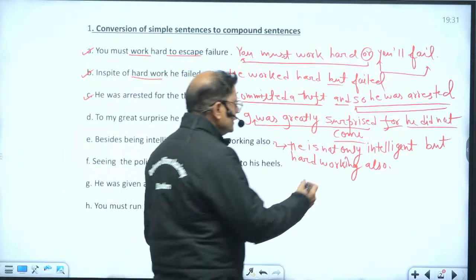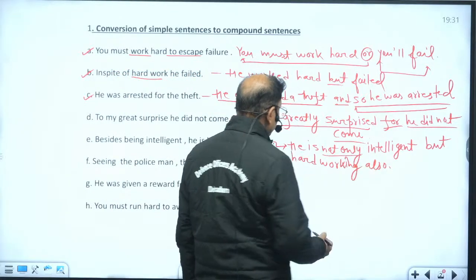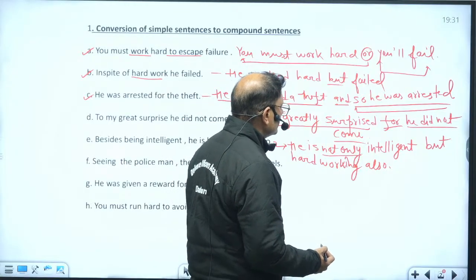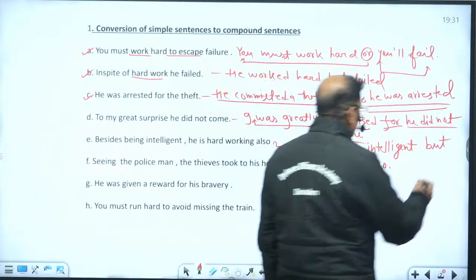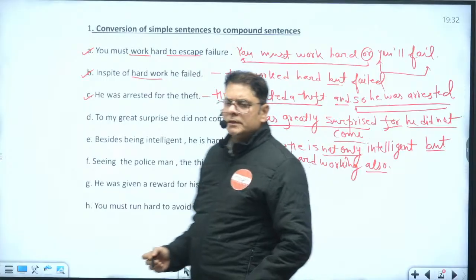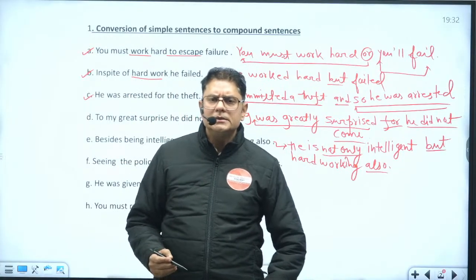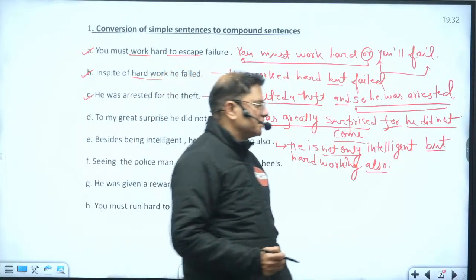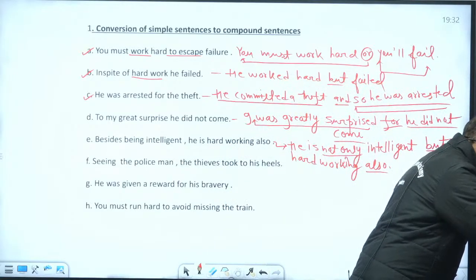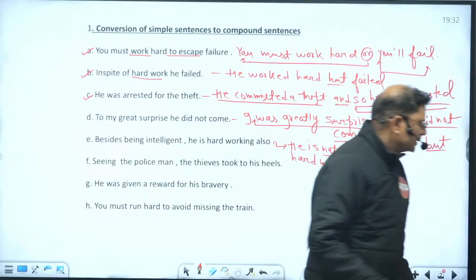So not only is always followed by but also. So we need to see the structure of the sentence and we can easily change them. He is not only intelligent but also hardworking. Okay, this is also correct.